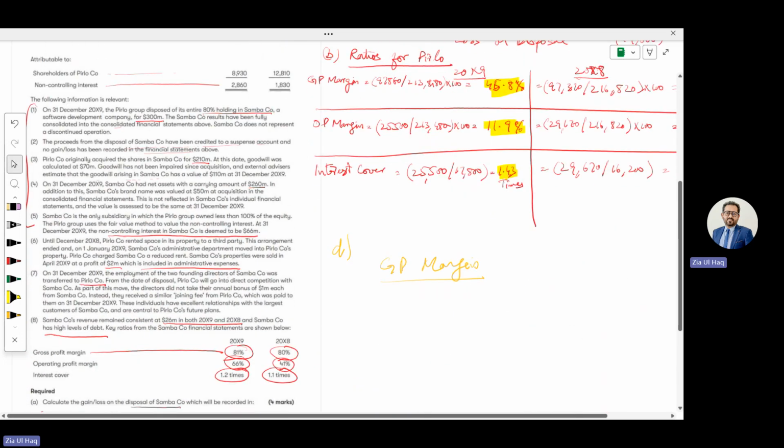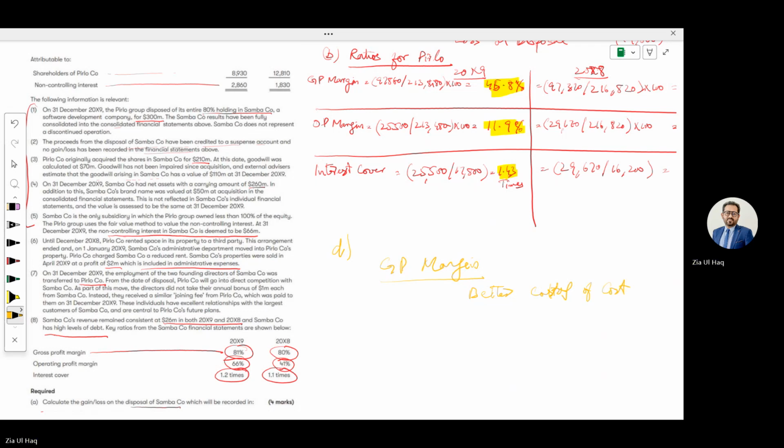This is due to better control of cost. That's why GP margin has improved despite the percent decrease in sales. This means the company is better managing its supplies from the suppliers. Maybe they have negotiated some discount from the suppliers.